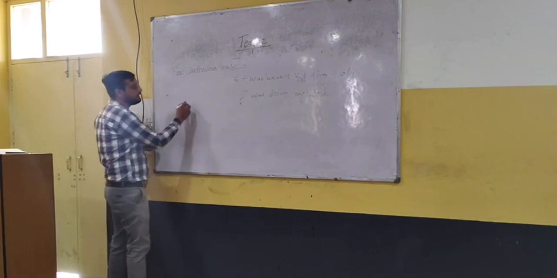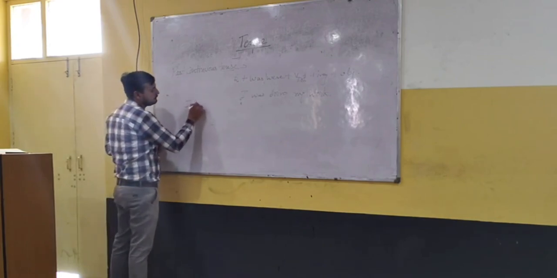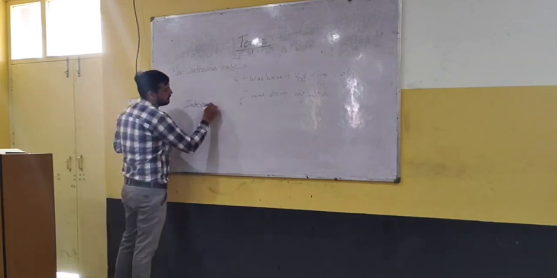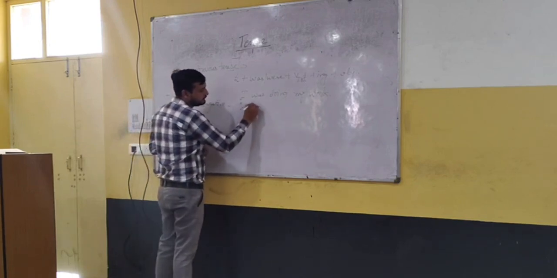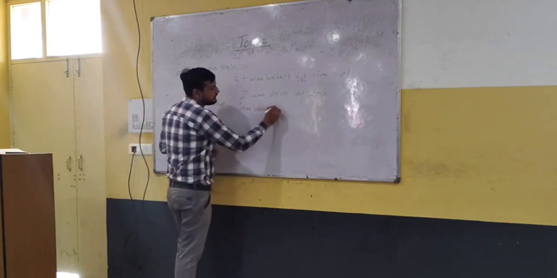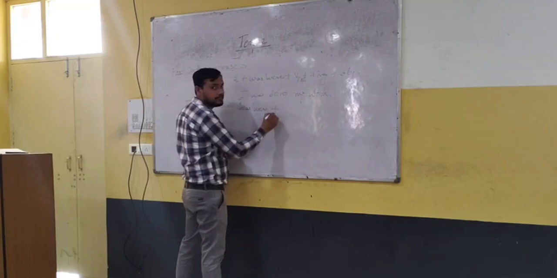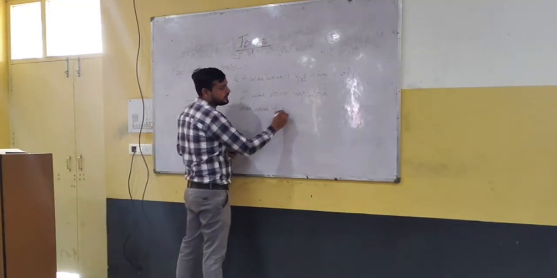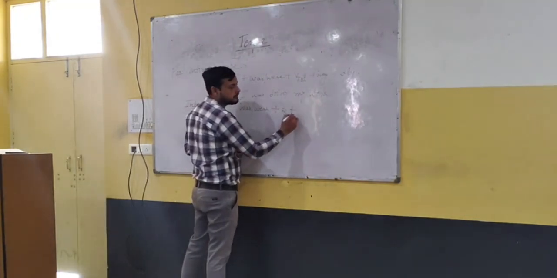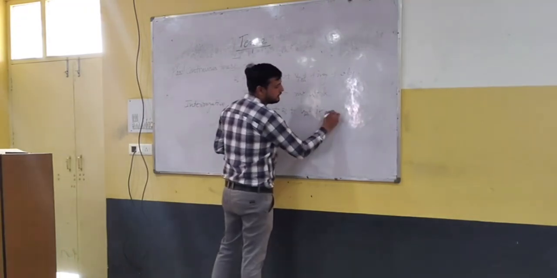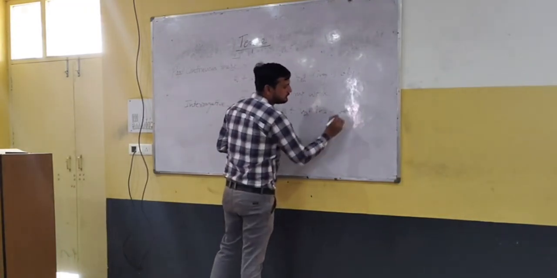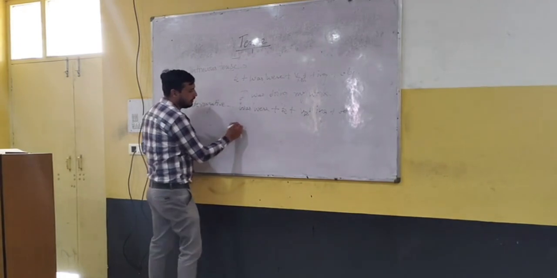Now we have to make the interrogative. Was, were plus subject plus first form plus ing and plus object. Clear?